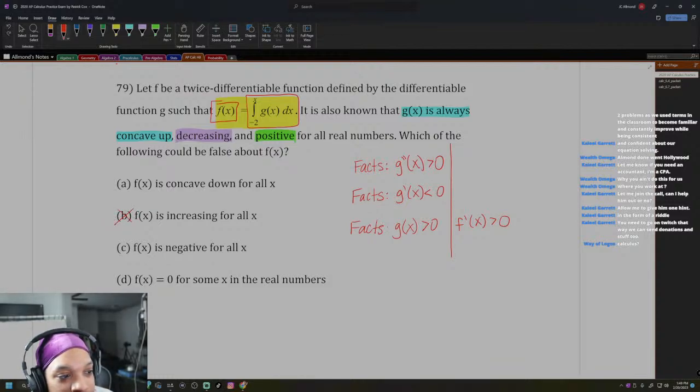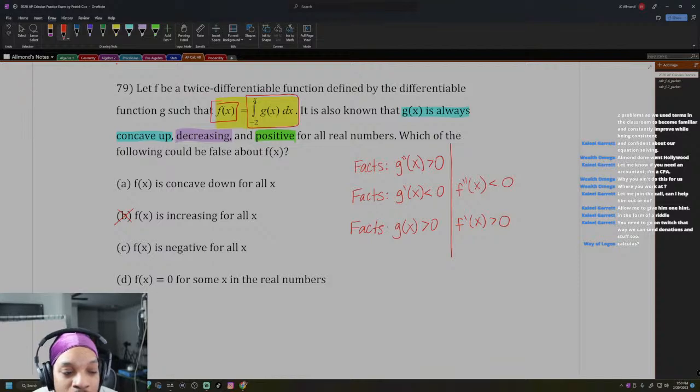But it also says that g prime is negative. Do you see how I can get that if I take the derivative twice on the left side? Even if I go from g to g prime, it's from f prime to f double prime. And if g prime is negative, then that means f double prime must be negative.